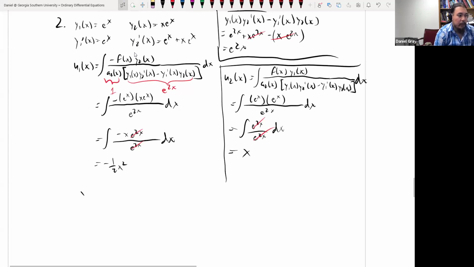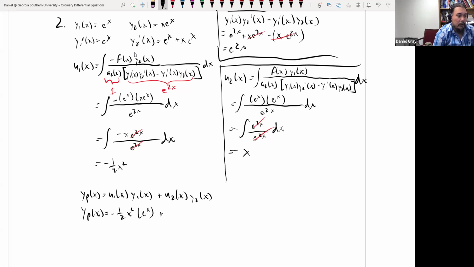Now, my particular solution. The form of my particular solution for variation of parameters is always the same. It's u1 times y1 of x plus u2 times y2 of x. Okay, so I'll go ahead and plug it in. So my u1 of x was negative 1/2 x squared times my y1 of x was e to the x, plus u2 of x was just x times my y2 of x was x e to the x.